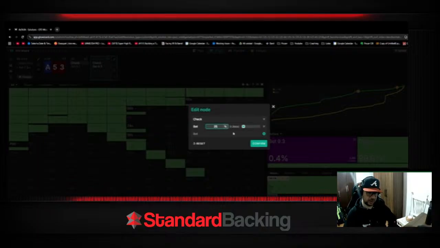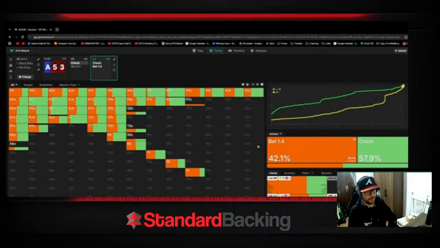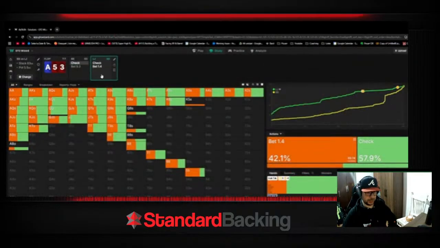So we can do this, and then what we do is try to see this. And it prefers to check range. It doesn't like to bet small. This one is the previous, this one is the actual. The actual is losing, so it prefers to check range, which is interesting.